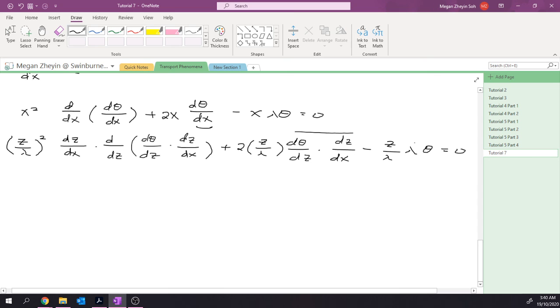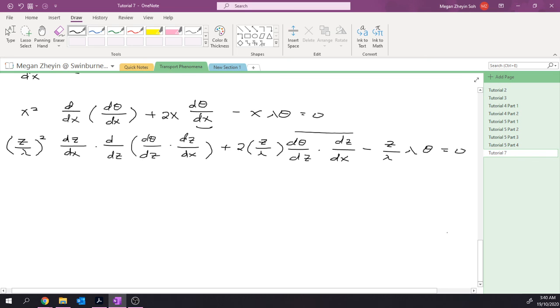So we simplify the equation and we should get, okay, so this one is lambda, right?